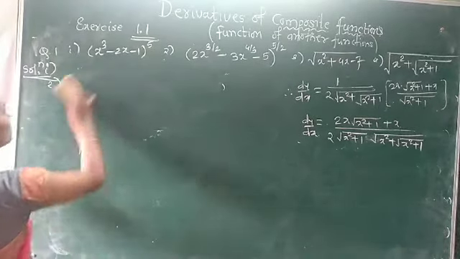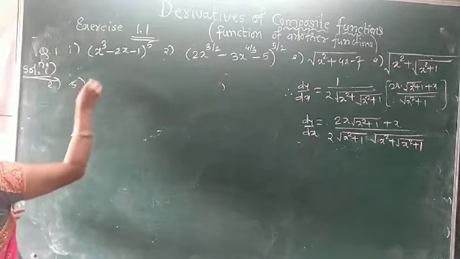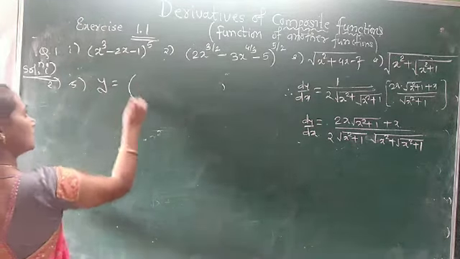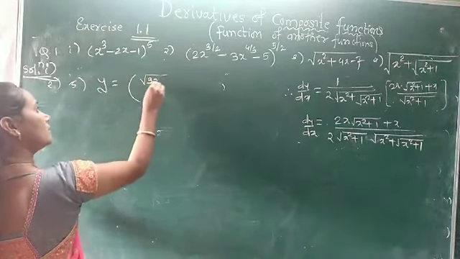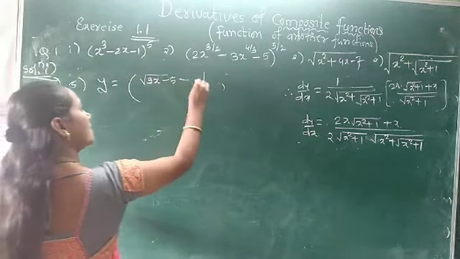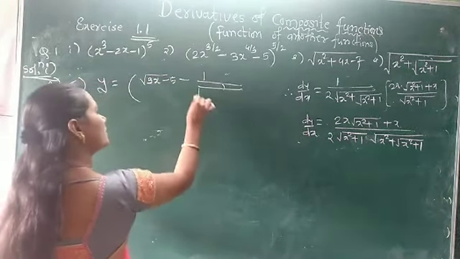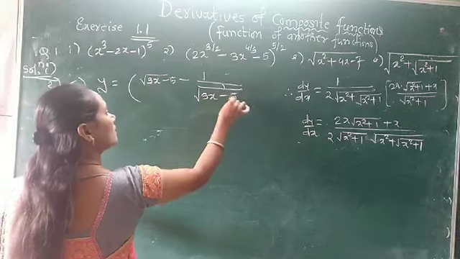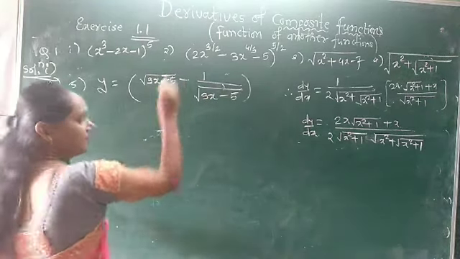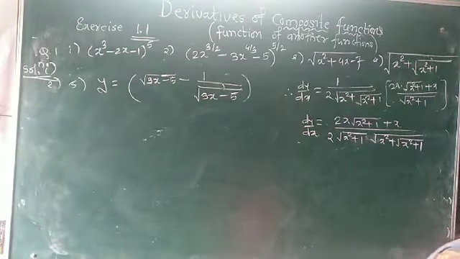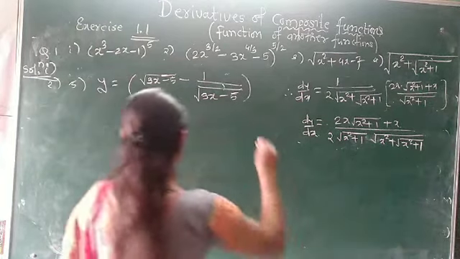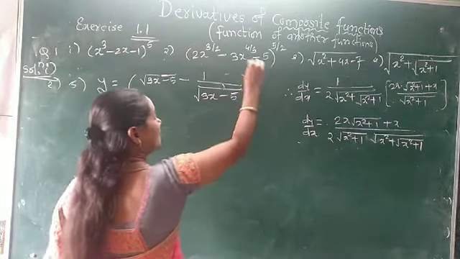y is equal to, fifth example is there, y is equal to root 3x minus 5 minus 1 upon under root 3x minus 5 raised to power 5.